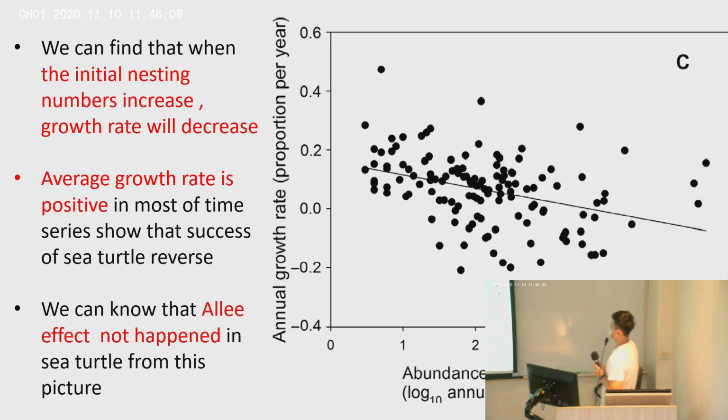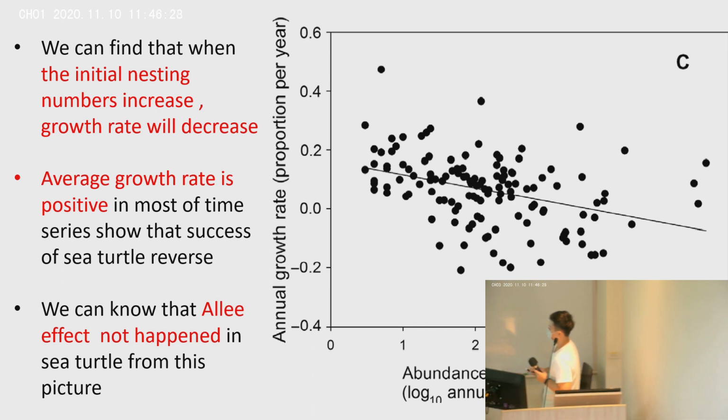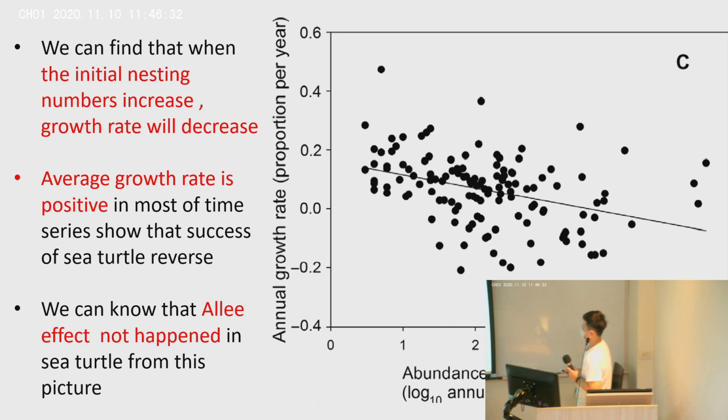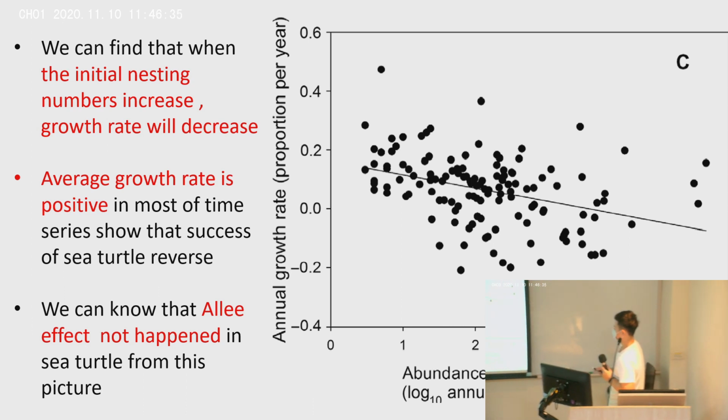And we see figure C. The x-axis is the number at the start of the time series, and the y-axis is the annual growth rate. From the figure, we can know that when the number at the start of the time series is low, the annual growth rate is high.